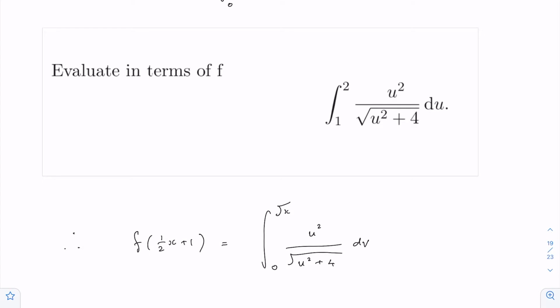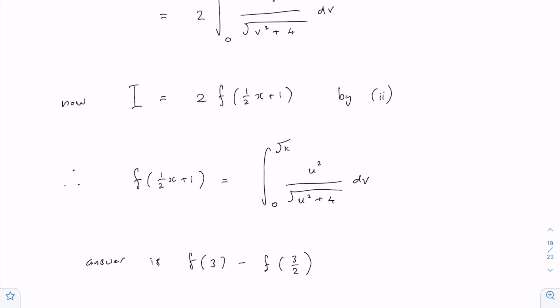To set this upper limit equal to 2, we need to set x equal to 4, and that gives f of half times 4 plus 1, which is f of 3. And then for an upper limit of 1, we need to set x equal to 1, so we have f of a half times 1 plus 1, which is f of 3 over 2. And so the difference of those two is f of 3 minus f of 3 over 2, and that's the answer.